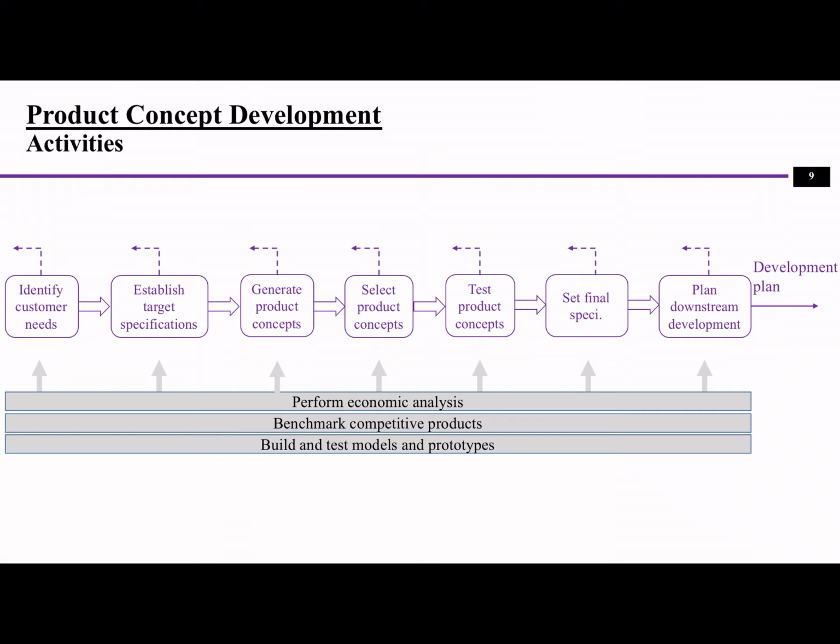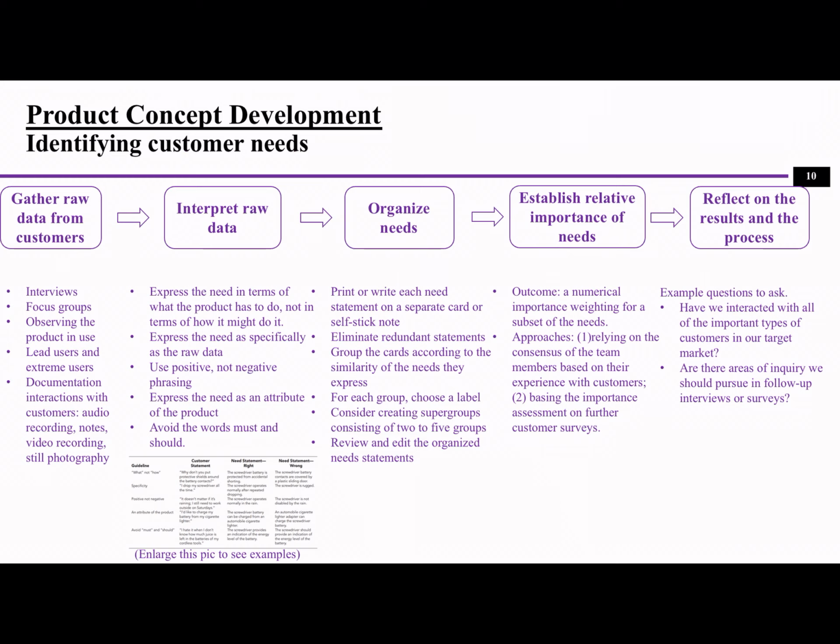During all these processes, we also want to do the economic analysis, right? Benchmark competitive products, to look at what our existing products have, and how we can compare with those kinds of products, and also build test models and prototypes. The first stage or activity of product concept development is identifying customer needs.